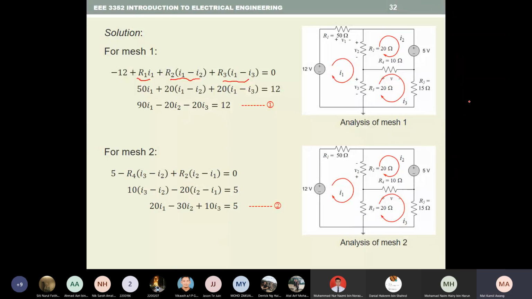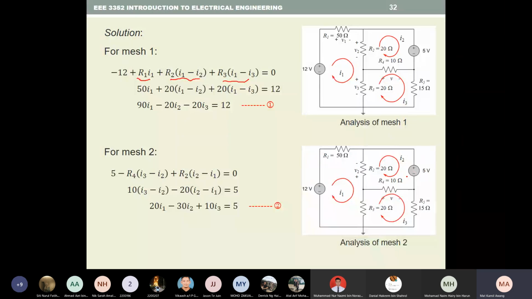For mesh 2, here, okay, this one. So you have 5 volts, right? So the convention for this example, it uses going into the positive sign is positive, so it's a 5 volt.